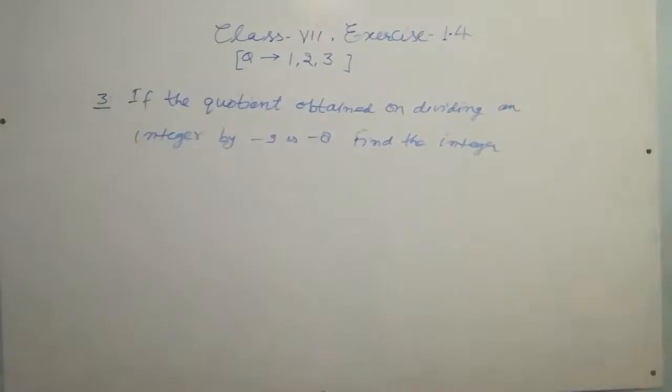If the quotient obtained on dividing an integer by minus 9 is minus 8, find the integer.